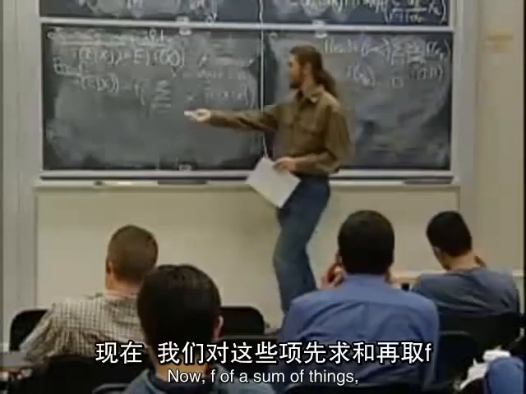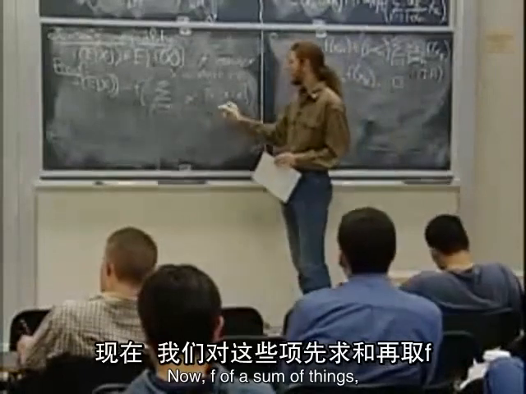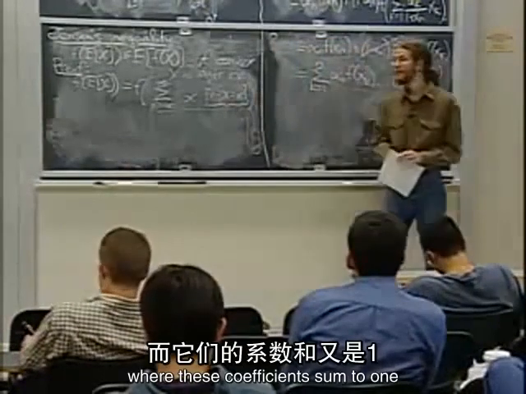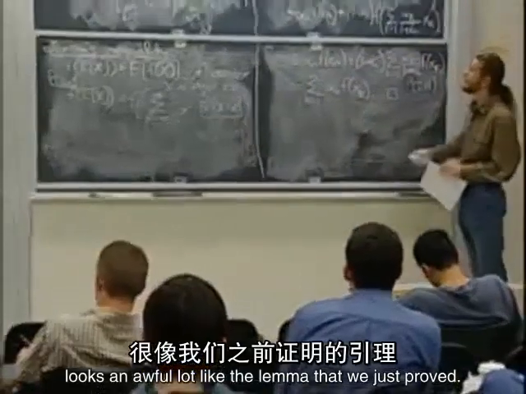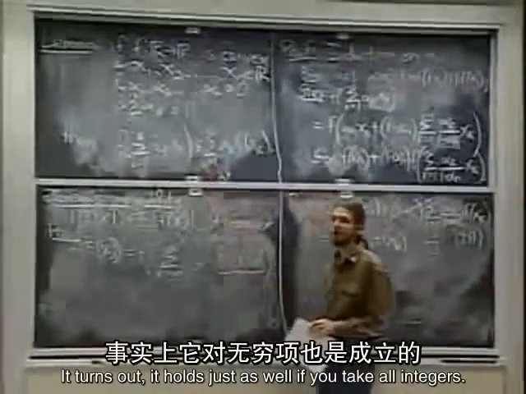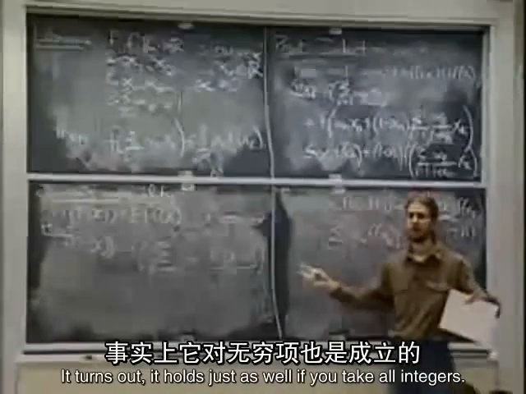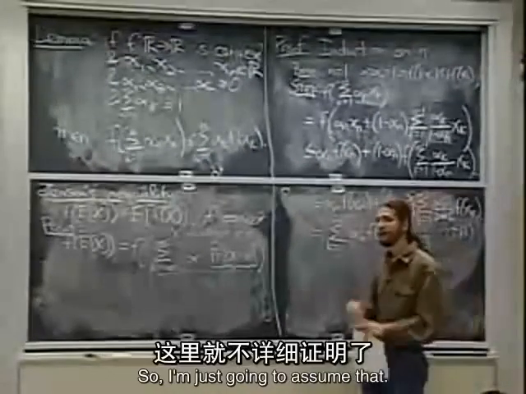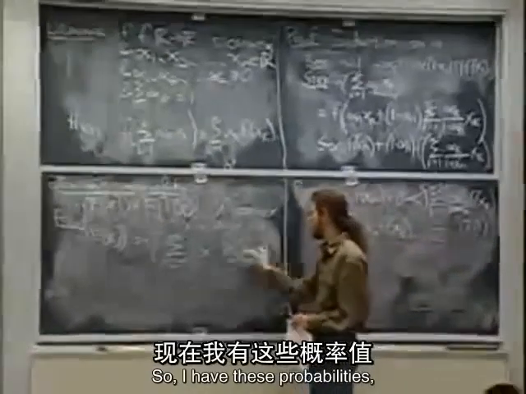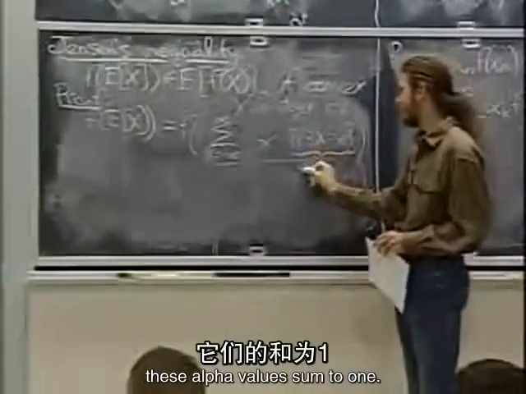Now, f of a sum of things where these coefficients sum to 1 looks an awful lot like the lemma that we just proved. Okay, we proved it in the finite case. It turns out it holds just as well if you take all integers. I'm just going to assume that. So I have these probabilities, these alpha values, that sum to 1.